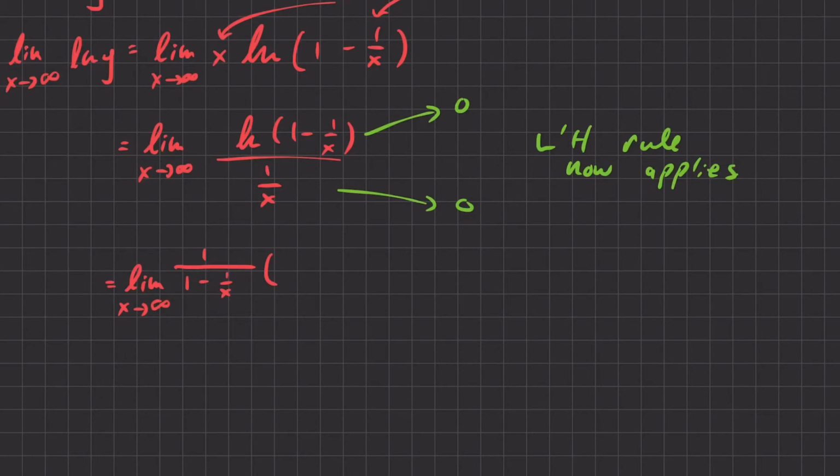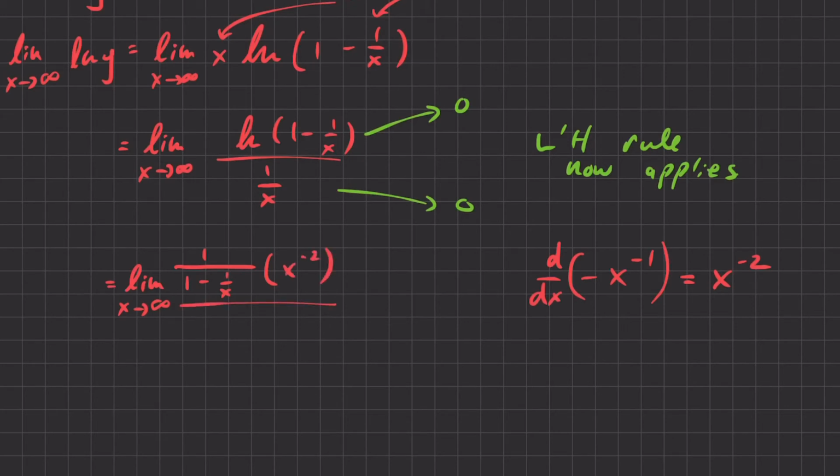So the derivative of 1 is 0, so I don't have to include that. The derivative of negative x to the negative 1 is positive x to the negative 2, I believe, right? So d by dx of negative x to the negative 1 is x to the negative 2. So I've got x to the negative 2.